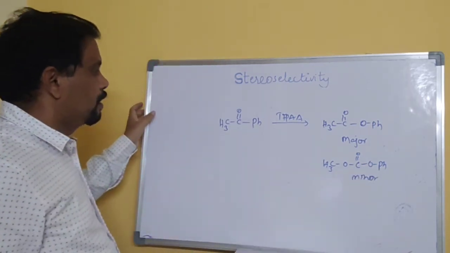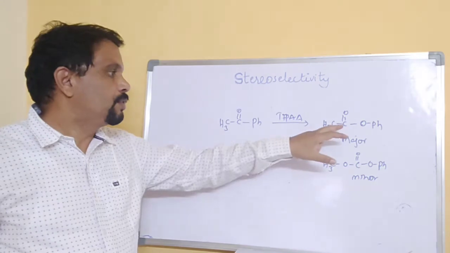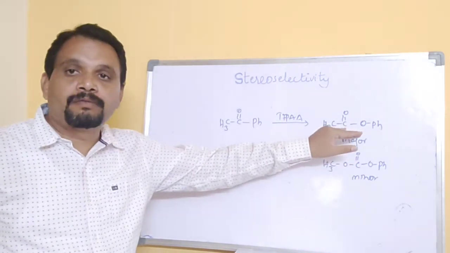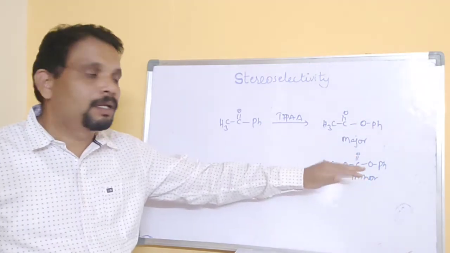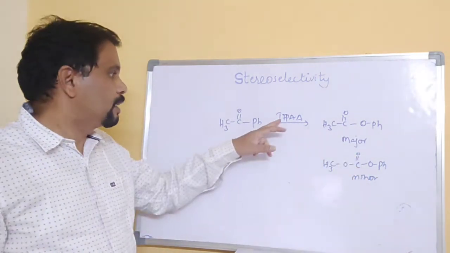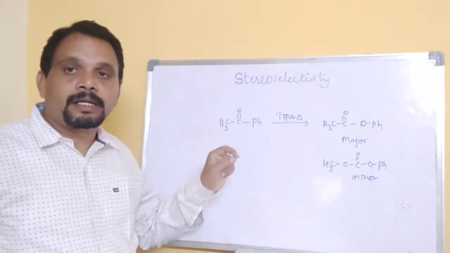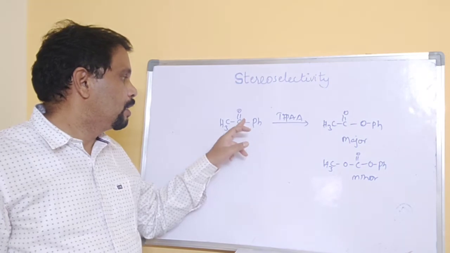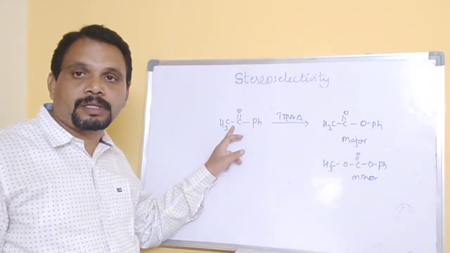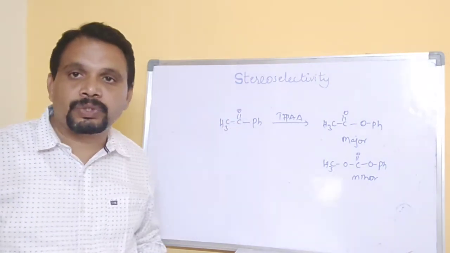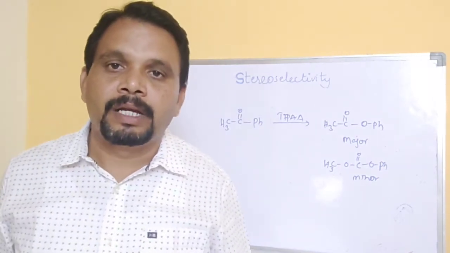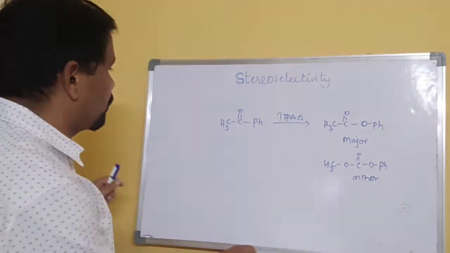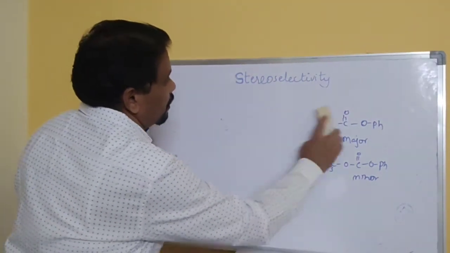So with this reagent, this product preferably and predominantly forms over the other possible product, because the reagent chooses to react at this position rather than the side position or region. So this is also a good example of regioselective reactions.